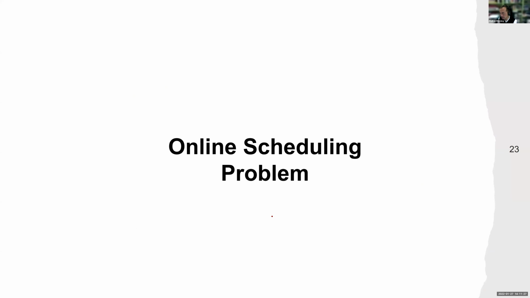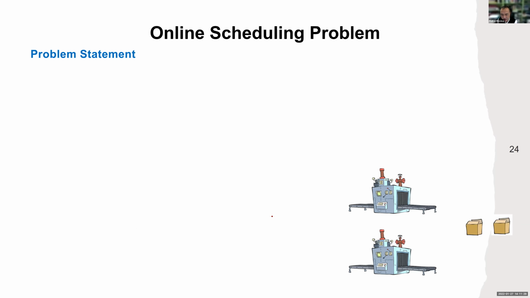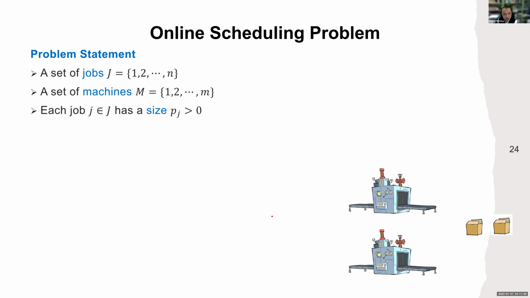Yeah, so what is scheduling? Well, scheduling is something I worked on for some time. And the statement is not difficult. You have a set of jobs, J from 1 to N, and you have a set of machines, 1 to M. And every job has a size, which is Pj, processing time, in other words.